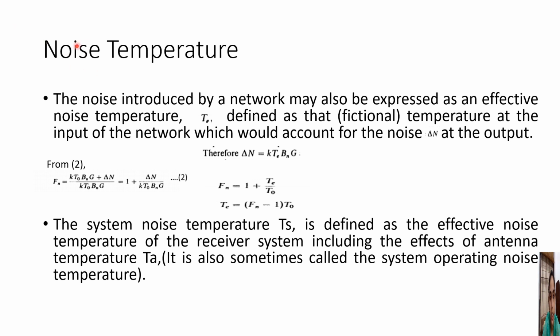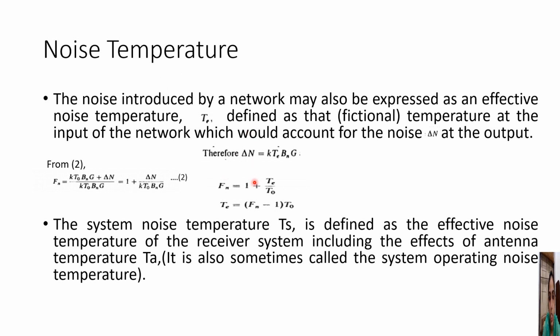Coming to another term, that is the noise temperature. We have to understand that there are two terms importantly associated with noise, that is the noise figure and the noise temperature. When we are considering the ordinary noise produced by an ideal receiver, we consider only the thermal noise or another additional noise which may be introduced into the network, that we have considered as delta n.